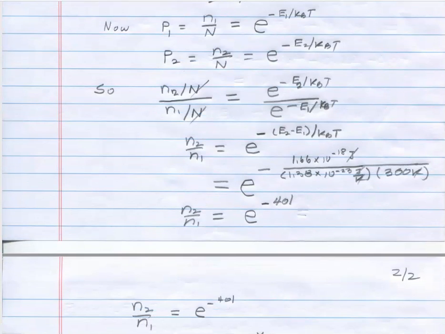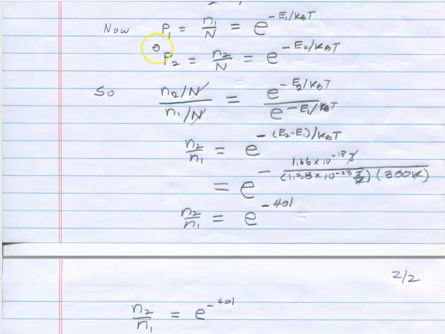And now we just have to remember the Boltzmann probability distribution. Here, remember, I'm using capital P's for probability. So the probability of a particle being in the ground state is P1. Probability of the atom being in the first excited state is P2. And remember, the probability, at least for a large system, can be represented as the number of particles in that energy level, N1, divided by the total number of particles.